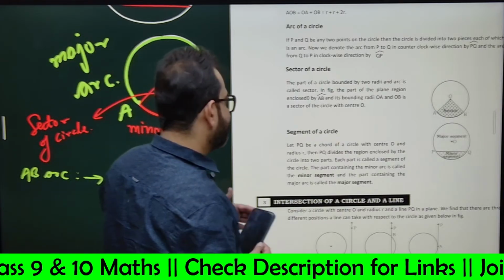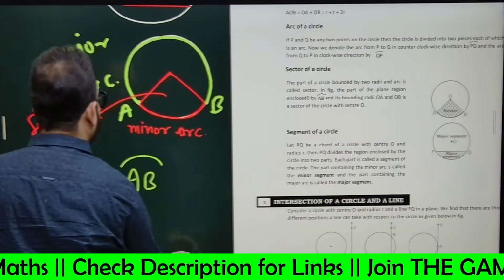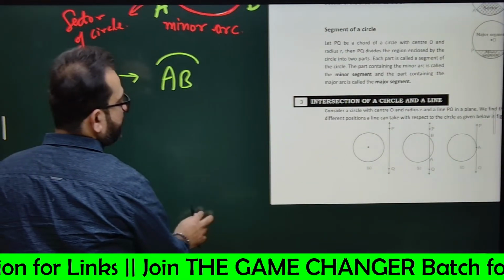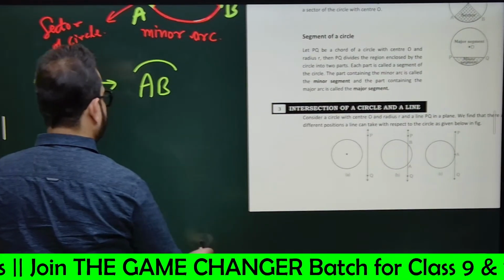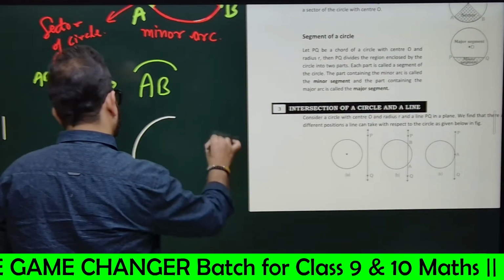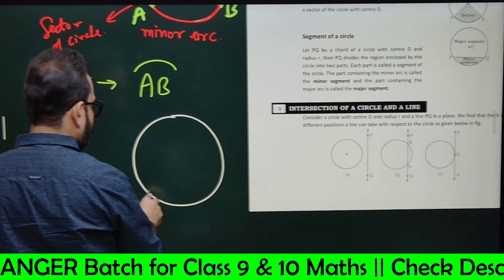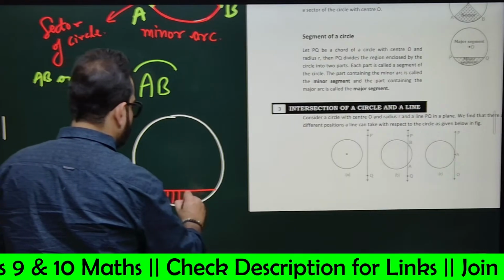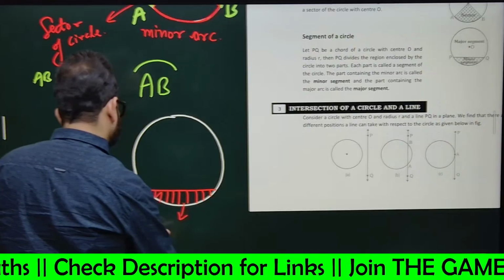Now, what is a segment of a circle? If you draw a circle like this, and a line is drawn like this, this part is called a segment. This is called the minor segment.